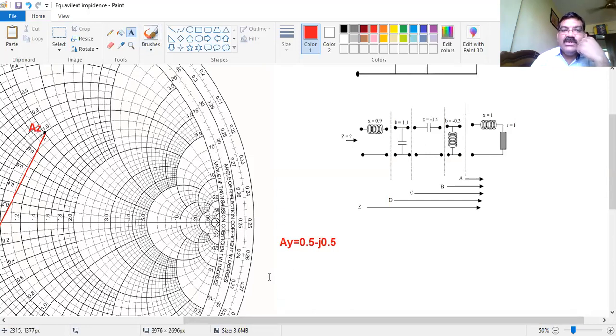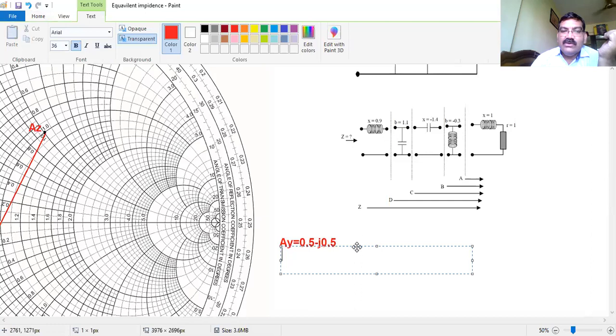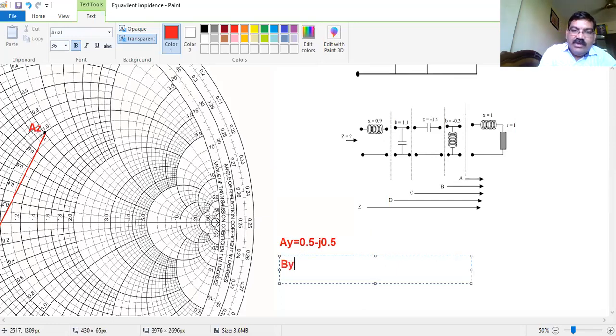So I'll just try to do that. What is my BY? For the BY, what I have to do? My capital BY equals the same, 0.5 minus j 0.5.